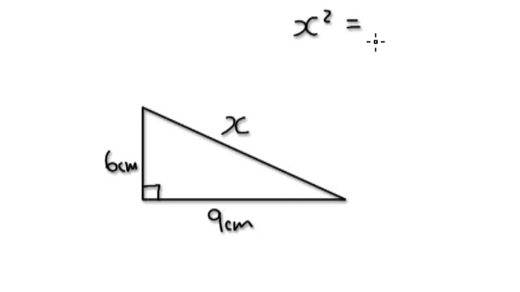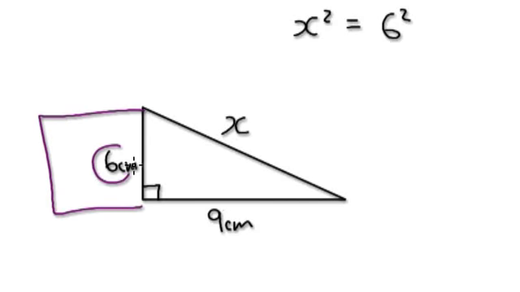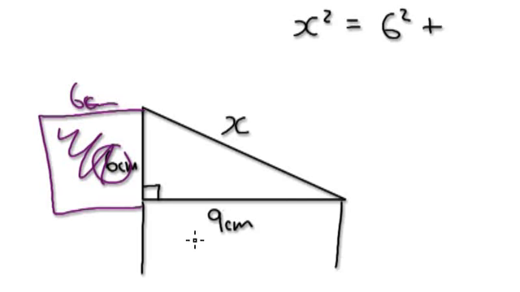So x squared equals 6 squared. Remember, it's this square here, so it's 6 times by itself. So this area here is 6 squared, plus this square down here, which is 9 squared. Now you're trying to work out x.